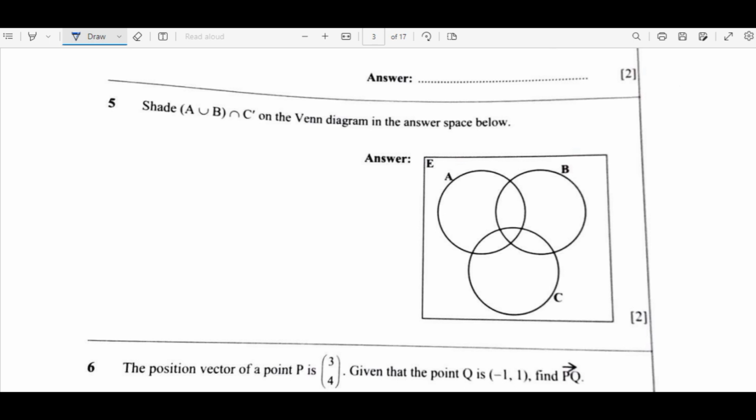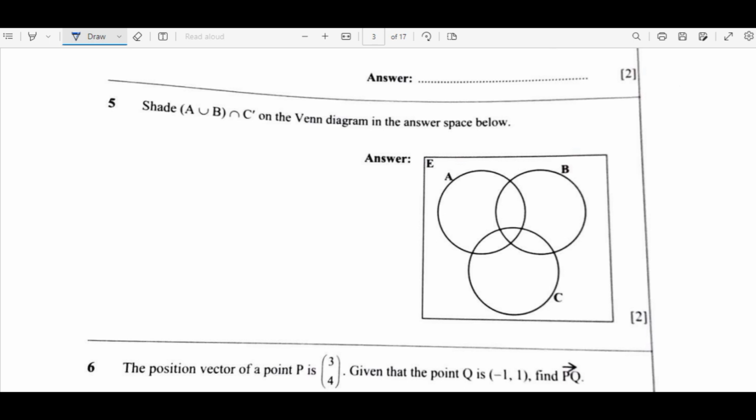First of all, we have to understand what is A union B. A union B is the elements which we can find in A and B, those are making the union. So everything you have to list them.